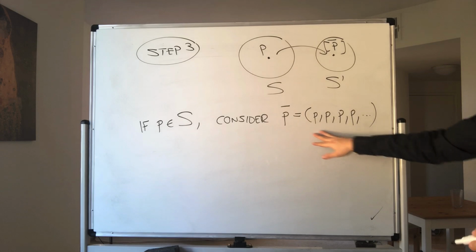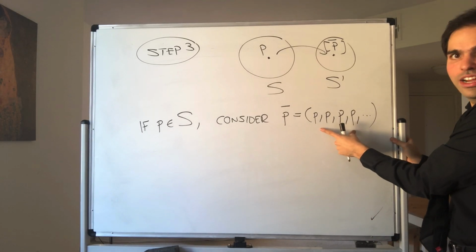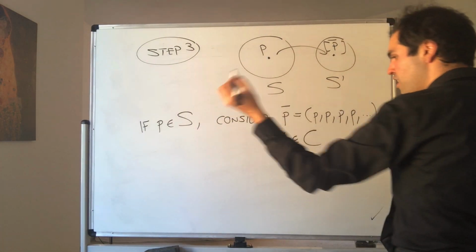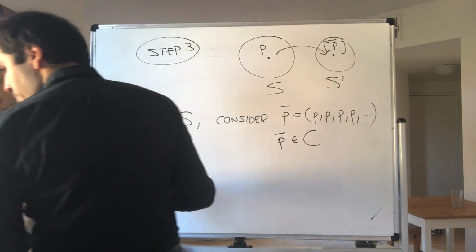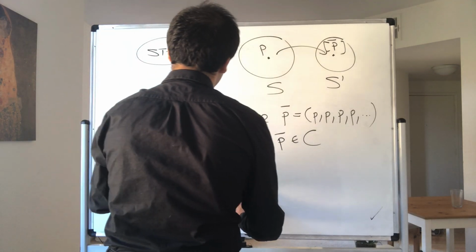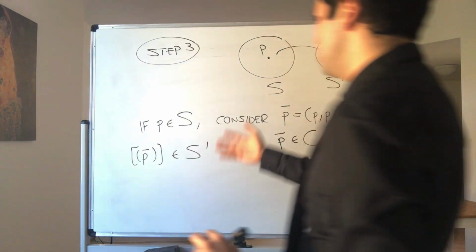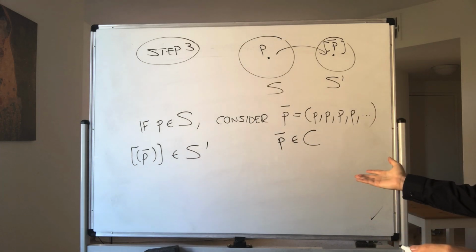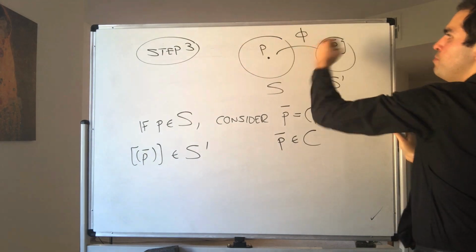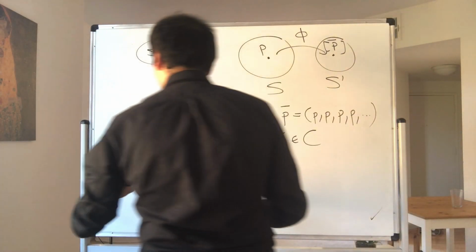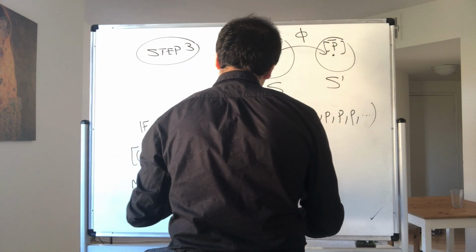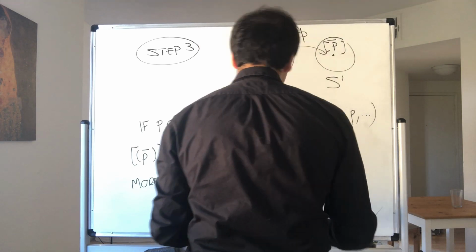Then, this is a Cauchy sequence, so in particular, P bar is in C, and therefore the class of P bar, by definition, is in S prime. So we get this, and moreover, this association, let's call it phi, between P and P bar, phi of P equals P bar, is 1 to 1.